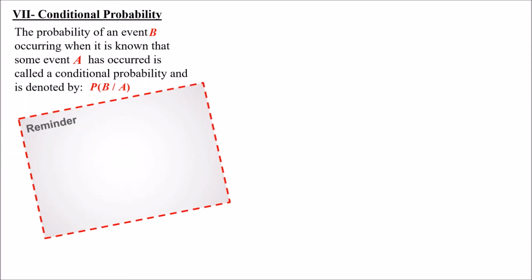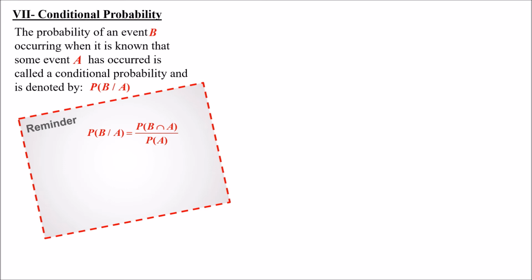The main formula of conditional probability is P of B slash A is equal to P of B intersection A over P of A. Here, in conditional probability, for example, we say given that or knowing that A occurs, what's the probability that B occurs?